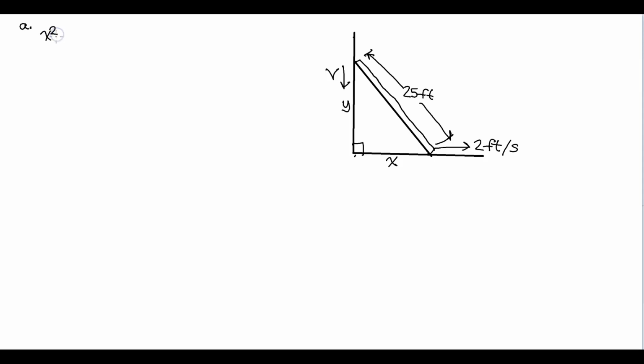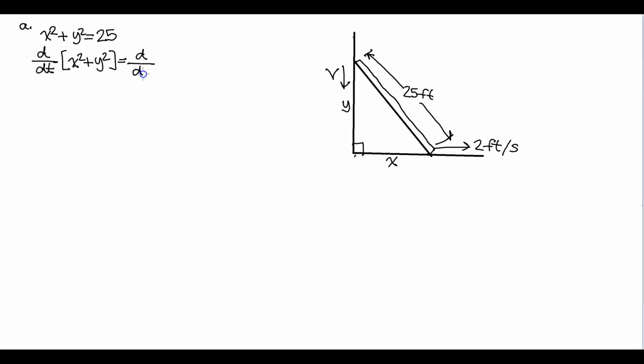X squared plus Y squared equals 25. So what you can do now is use implicit differentiation and take the derivative with respect to time t of X squared plus Y squared.